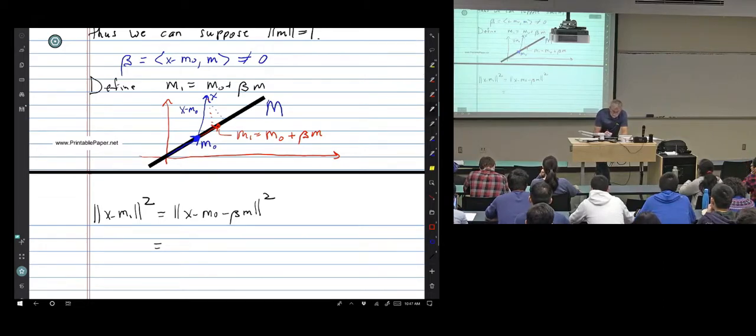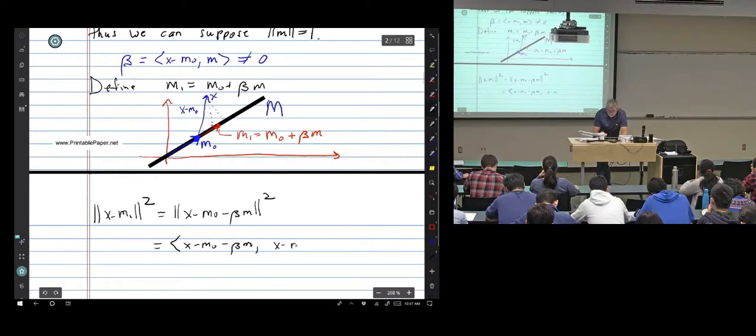Okay, and so that means it's the inner product of the vector with itself. X minus M0 minus beta M with x minus M0 minus beta M.